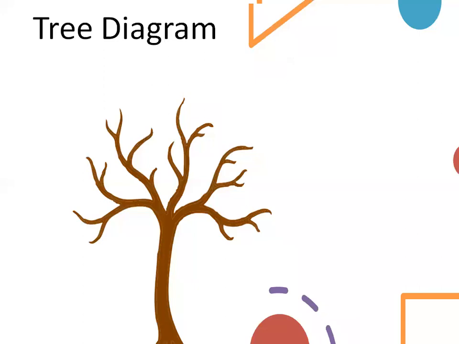And that's how a tree grows. We use this same concept of developing further branches from the main branch in solving probability problems. I will show you how in the later part of the video. Keep watching.